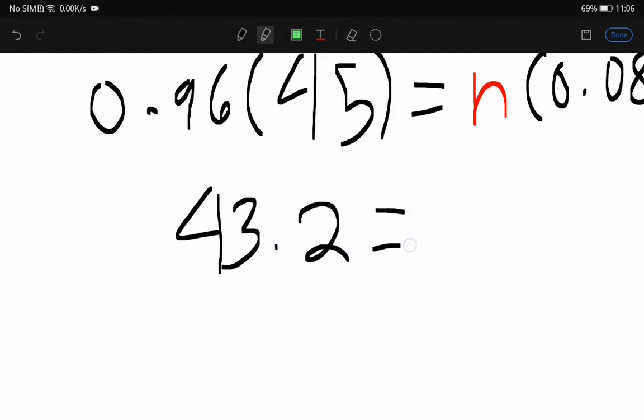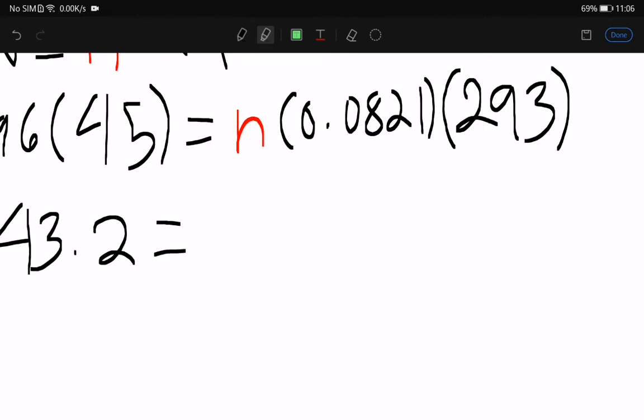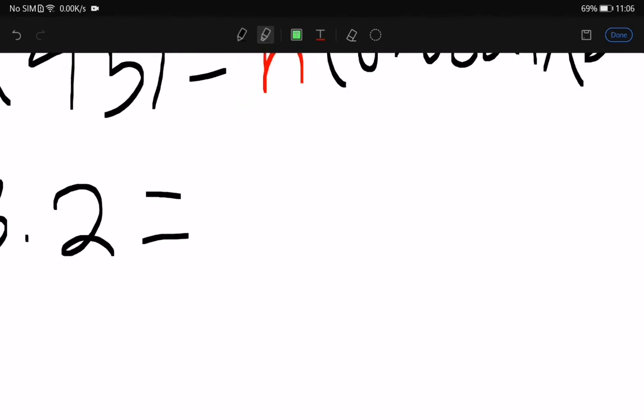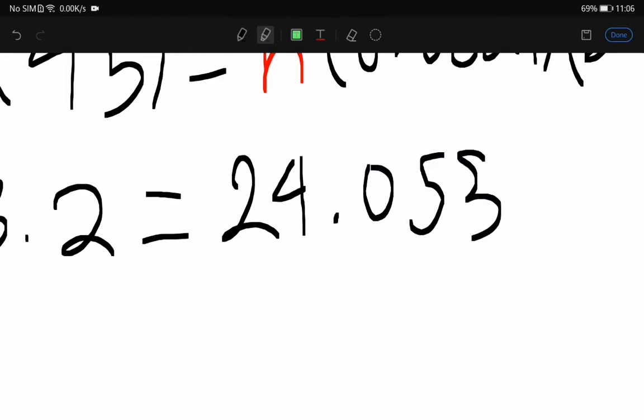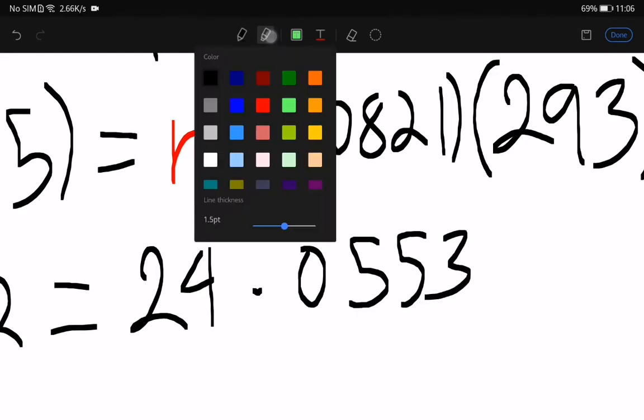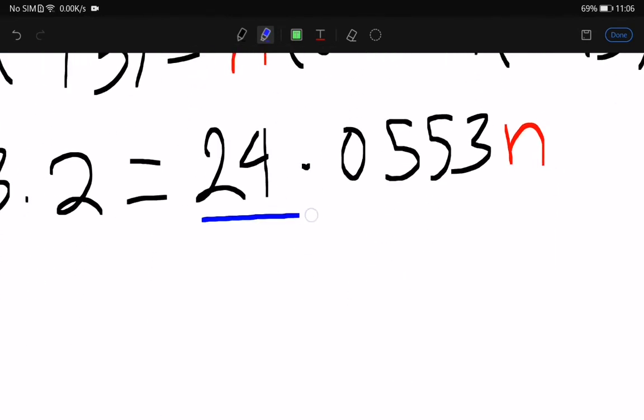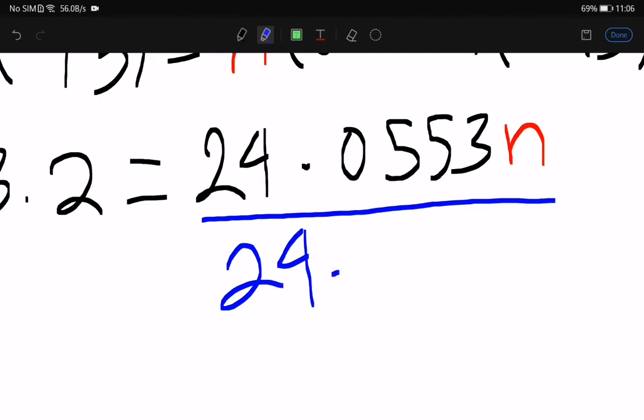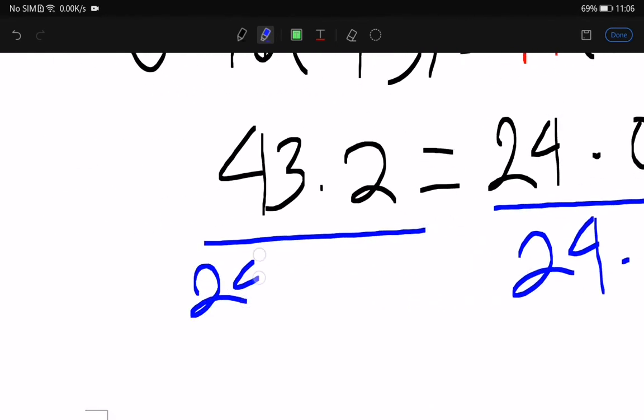Okay. Then 0.0821 times 293, so we have 24.0553, and don't forget your n because we're solving for that. So again, divide both sides by n.